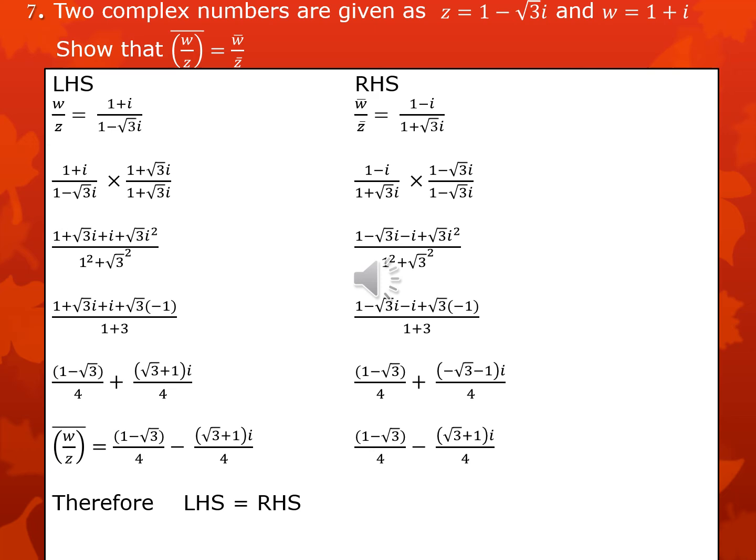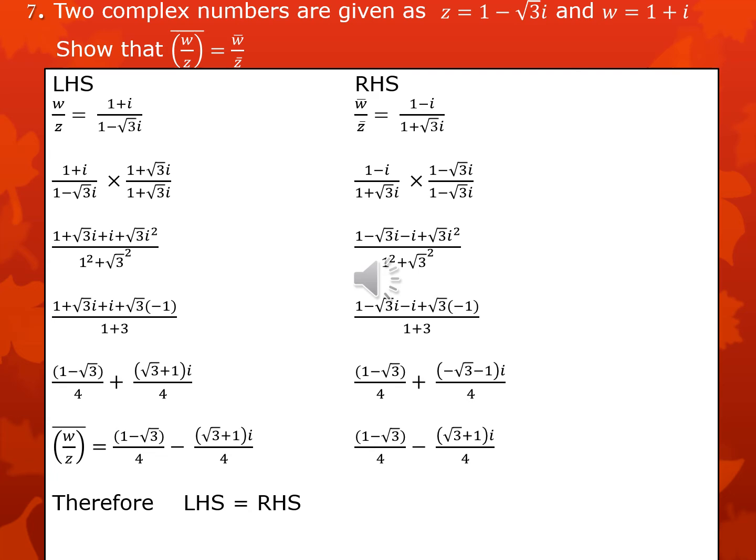We'll be multiplying the numerators together and the denominators together. Numerator will be simplified using the distributive property. So we get 1 times 1 is 1, 1 times root 3i is root 3i, i times 1 is i, i times root 3i is root 3i squared.